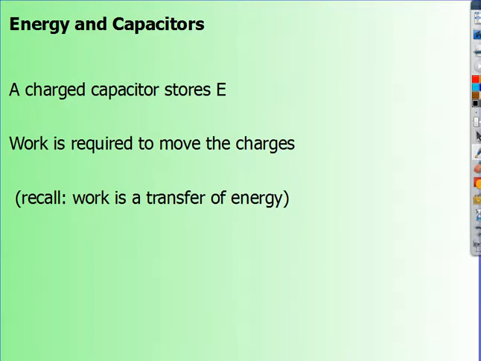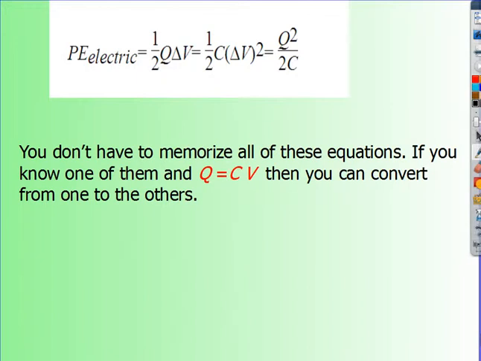Now, any charged capacitor stores energy. That's what we use it for. And work is required to move all these charges. The formulas can be a little confusing. The electric potential energy is 1/2 QV, or 1/2 CV squared, or Q squared divided by 2C. Now, I do not remember all these.